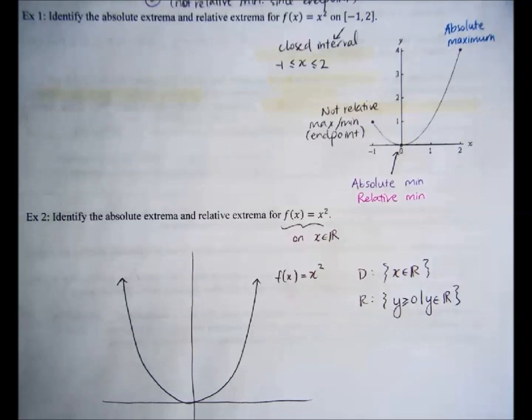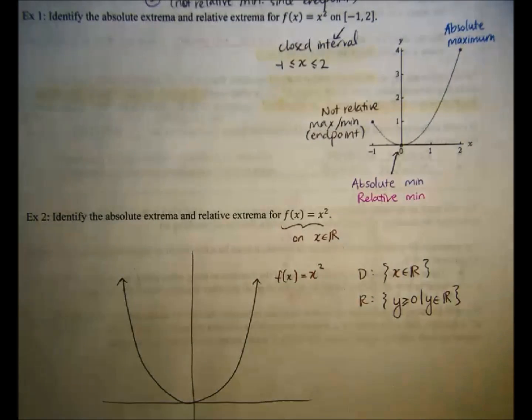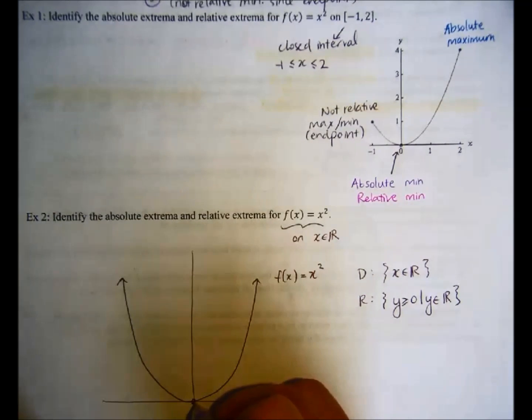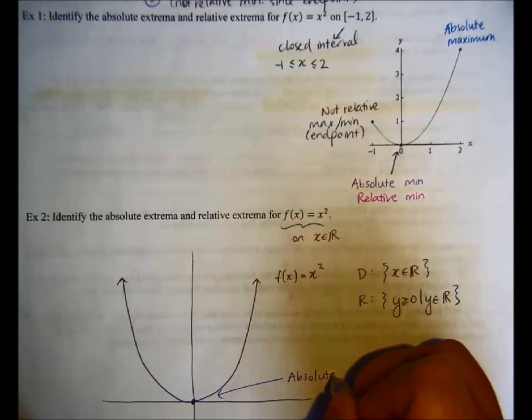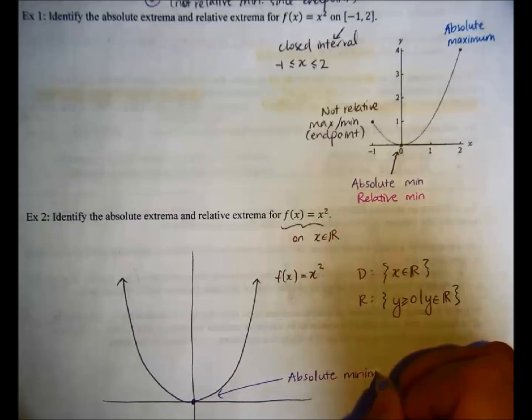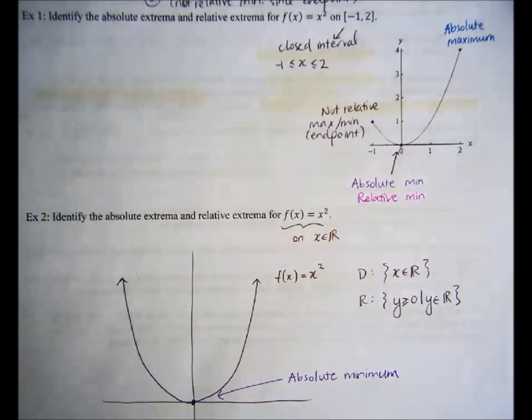So in this case, the only relative or global extrema that I have is at the vertex. And that would be my absolute minimum right here. Okay, which would also be considered a relative minimum.